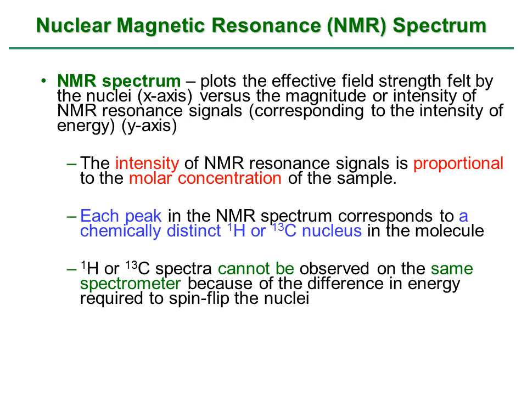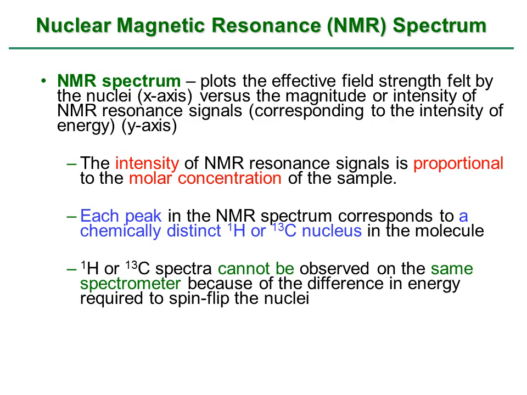Nuclear magnetic resonance spectrum: an NMR spectrum plots the effective field strength felt by the nuclei on the x-axis versus the magnitude or intensity of the NMR resonance signal, corresponding to the intensity of the energy, on the y-axis. The intensity of the NMR resonance signal is proportional to the molar concentration of the sample.